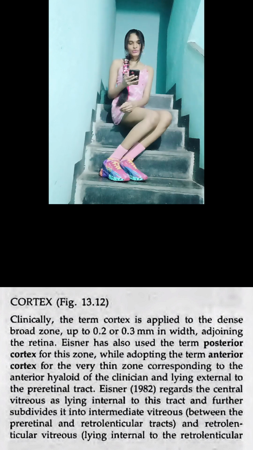Eisner, 1982, regards the central vitreous as lying internal to this tract and further subdivides it into intermediate vitreous between the preretinal and retrolenticular tracts and retrolenticular vitreous that is lying internal to the retrolenticular tract.